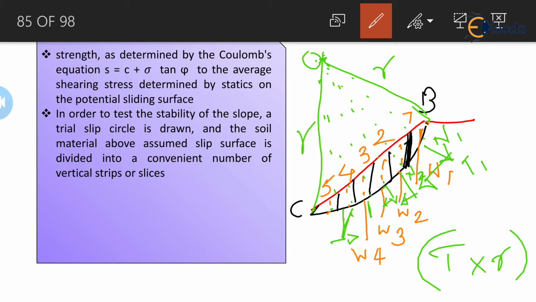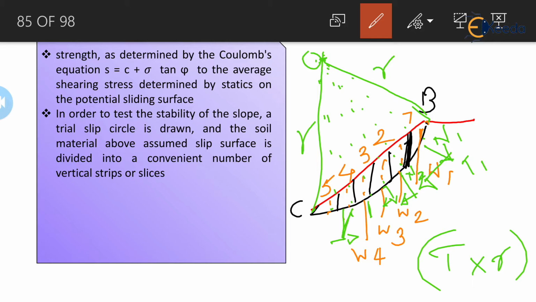So the equilibrium will be balanced, and this component has the value T into R. When the tangential component acts as a resisting moment, here we have to take the value of the tangential moment as negative, because of the reverse direction.